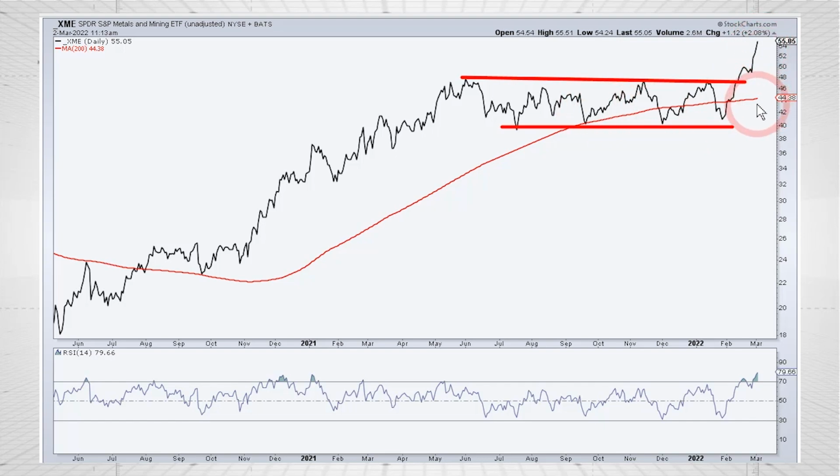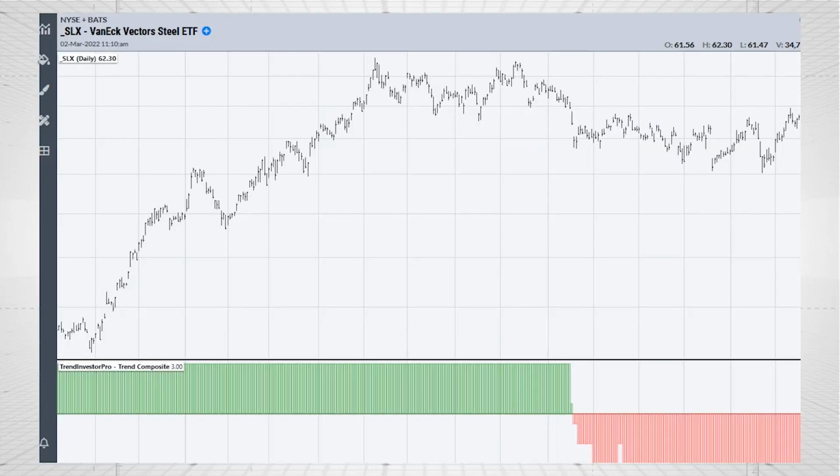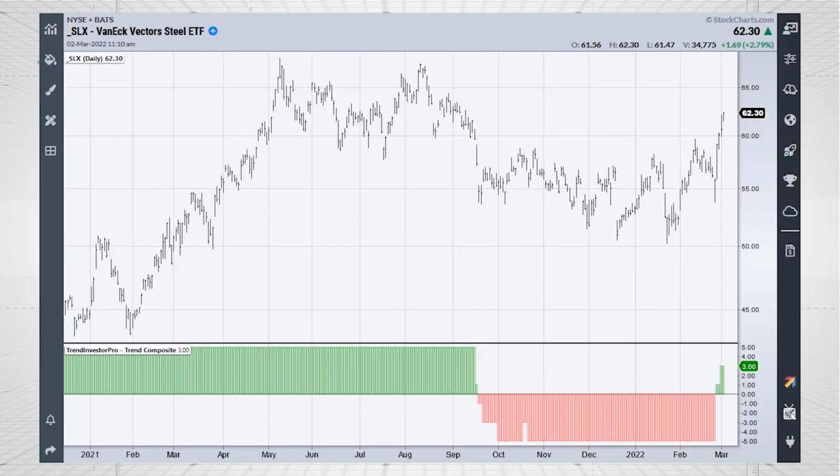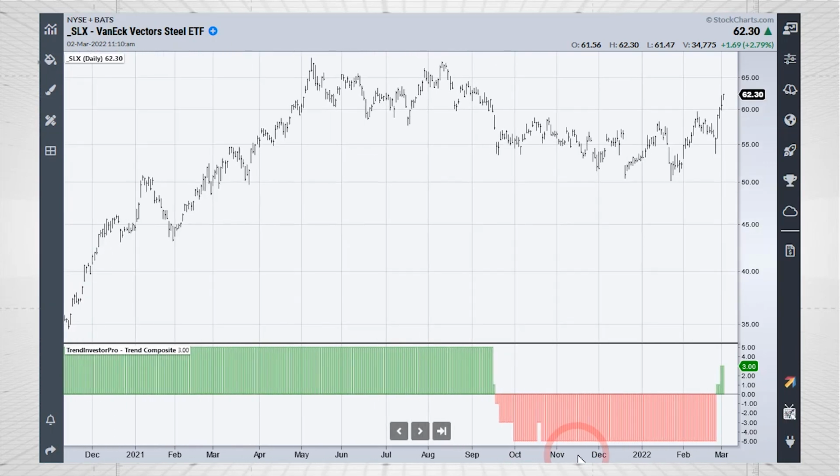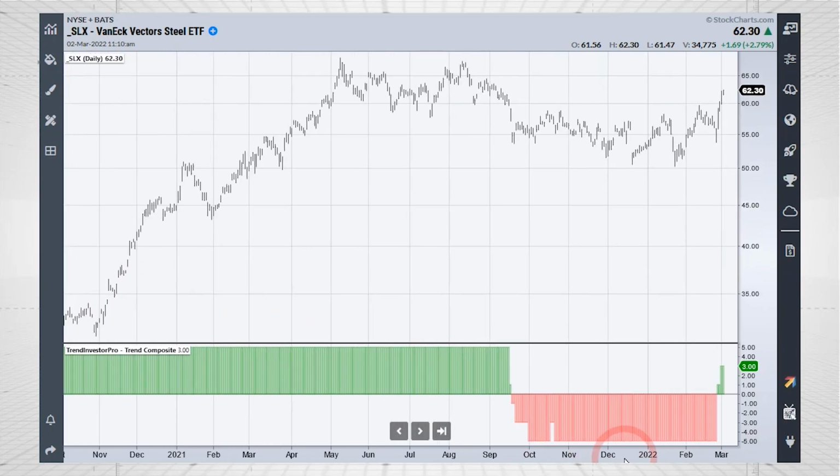So this is a big breakout, and steel is taking the lead, which leads me to my next chart, which is going to come from StockCharts ACP. This is SLX, and it is also getting a big breakout. You can see that it was really lagging here, and I could put that trend line there, and you can see that you had this massive advance.